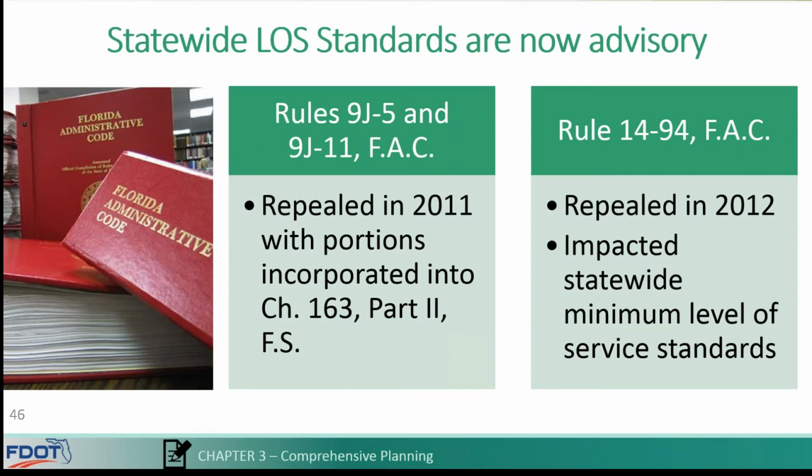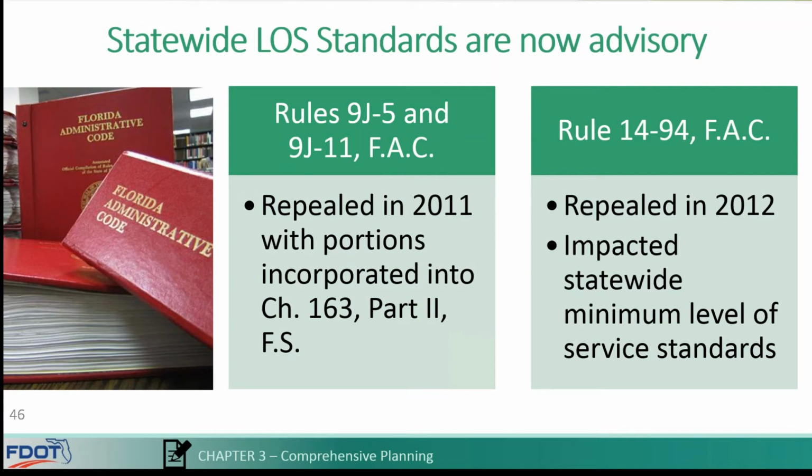During the time concurrency was being revised as state law, Rules 9J-5 and 9J-11, which provided additional guidance and requirements regarding growth management, were repealed, with portions of these rules incorporated into Chapter 163, Part 2, particularly in Sections 163.3177, 3184, and 3187.